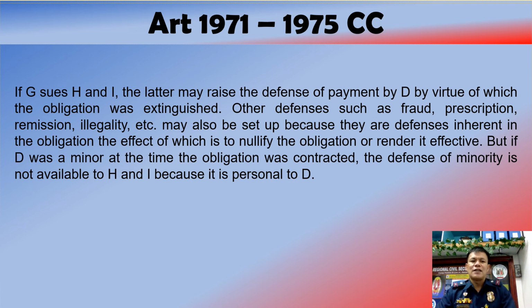Other defenses such as fraud, prescription, remission, illegality, etc. may also be set up because they are defenses inherent in the obligation, the effect of which is to nullify the obligation or render it effective. But if D was a minor at the time the obligation was contracted, the defense of minority is not available to H and I because it is personal to D.